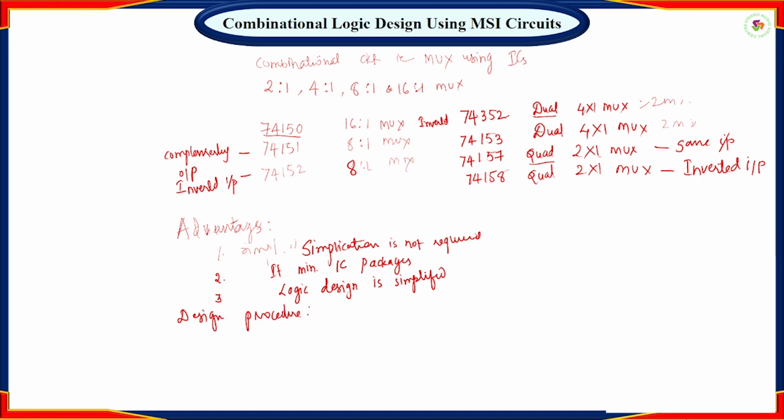Now, what is the design procedure? The first step is to identify the decimal numbers corresponding to the min terms in an expression, and the input lines corresponding to these min terms are connected to logic 1.